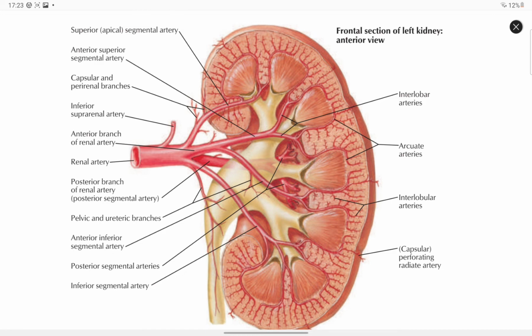Then it goes into the afferent arteriole, glomerulus, efferent arteriole, peritubular capillaries. Then the interlobular vein, arcuate vein, and interlobar vein, then lobar vein, then 5 segmental veins. It drains to the renal vein and then to the IVC.